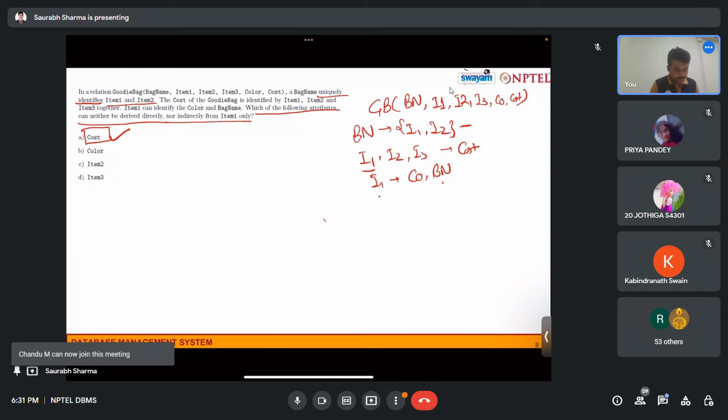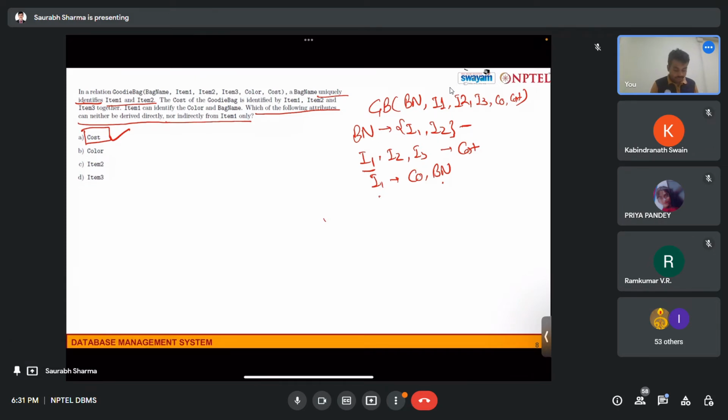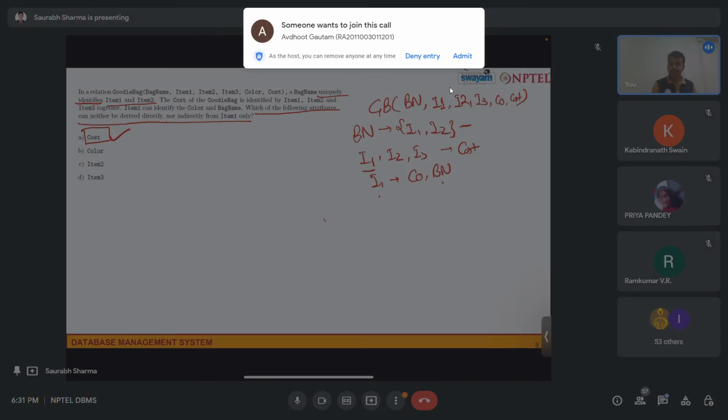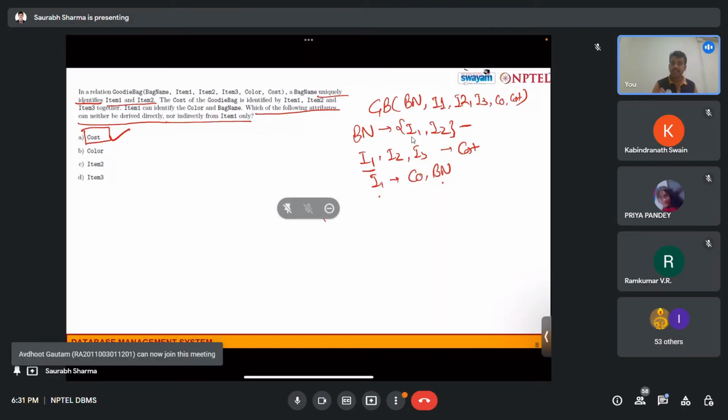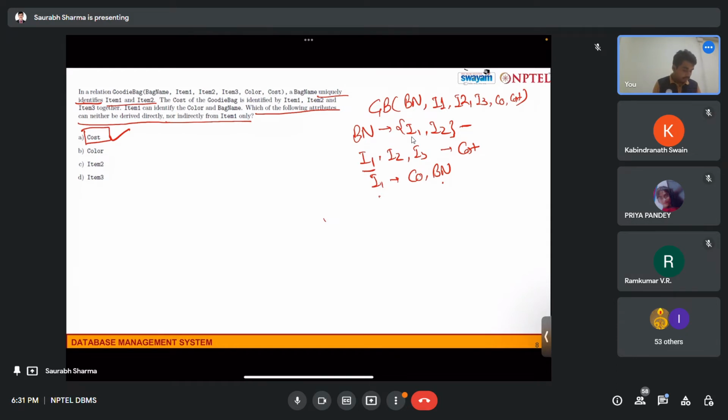What we want is an attribute from the options which cannot be directly or indirectly derived from item 1 only. Okay, so we have to look at the functional dependencies, and finally come to the inference for each attribute given in the options, whether it can be derived from item 1 only or not.